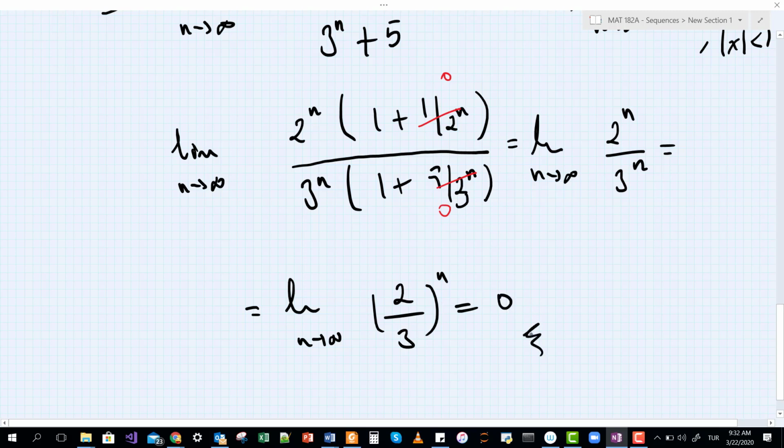We solved this problem by just using one rule and combining it with the main limit theorem. But of course, you need to use your algebra to do all these operations.